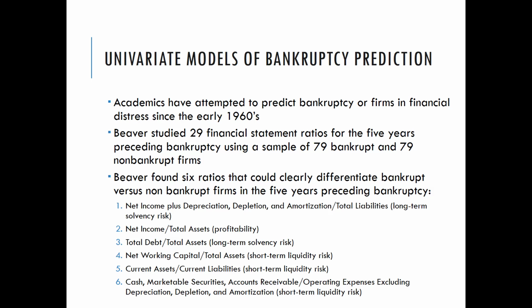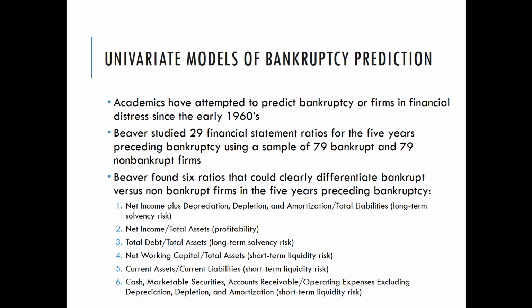One of the first things that they did back then is to just look at a few different ratios and compare firms that went bankrupt with firms that did not go bankrupt. So Beaver, back in I think 1960 sometime, looked at about 80 bankrupt firms and 80 non-bankrupt firms, and then compared them across, I think, 29 different ratios.